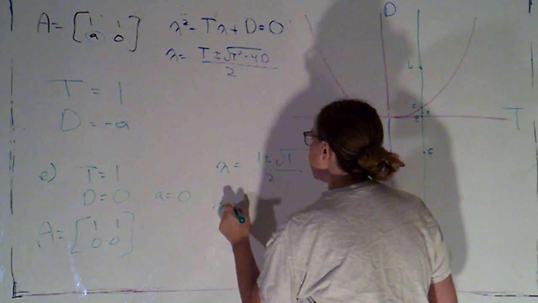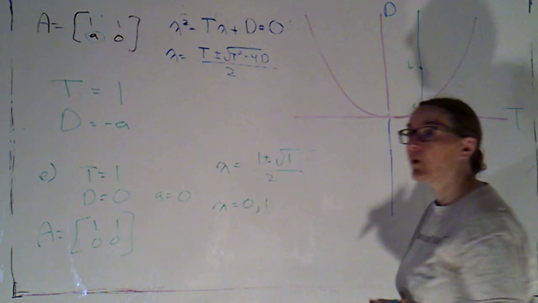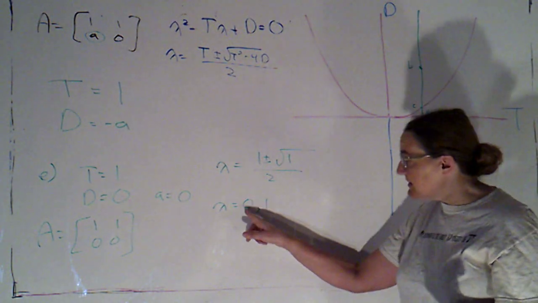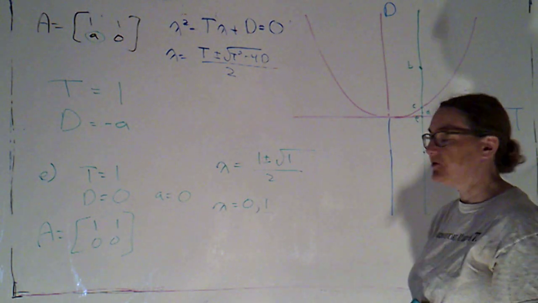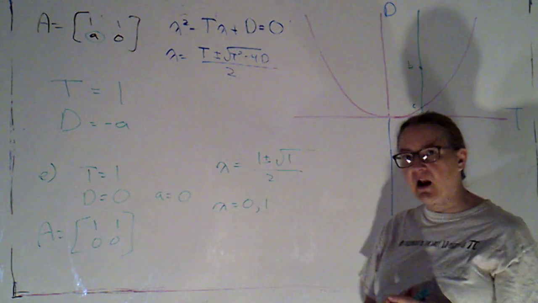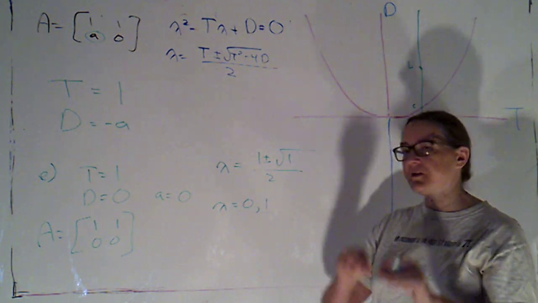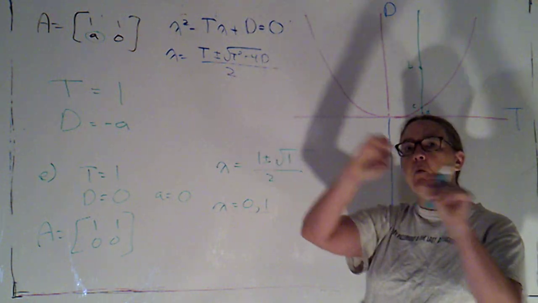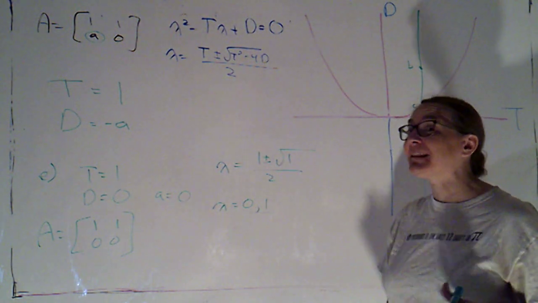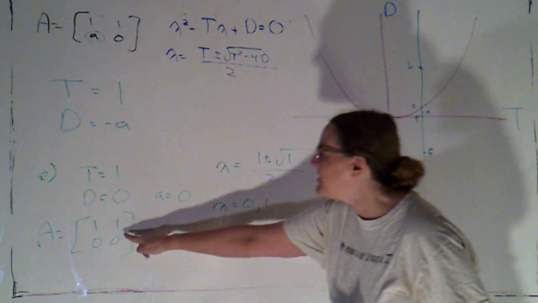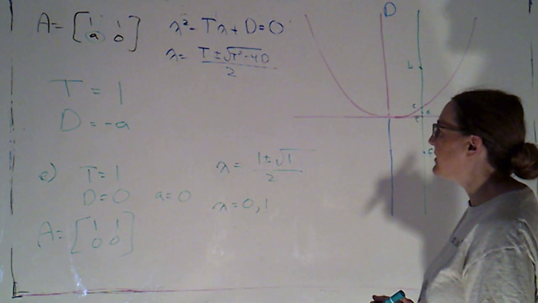So lambda is going to be either 0 or 1. So with 0 as an eigenvalue, we're going to have a line of equilibrium solutions. And with 1 as our other eigenvalue, the other solutions are going to be lines moving away from an equilibrium solution. But I can figure out exactly what those lines are because I do have exactly this matrix.